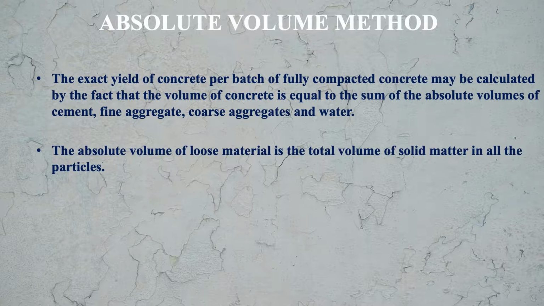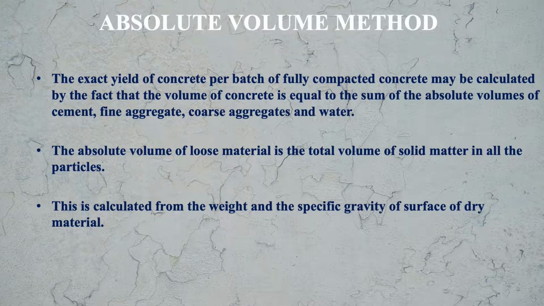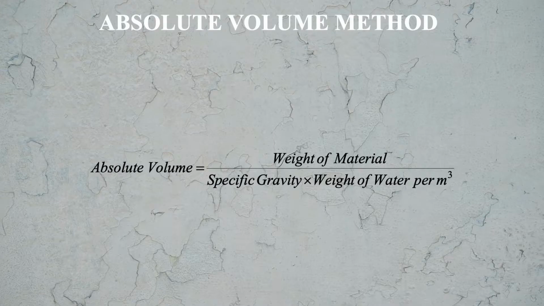The absolute volume of loose material is the total volume of solid matter in all the particles. This is calculated from the weight and the specific gravity of surface dry material. Now, absolute volume can be expressed as weight of material divided by specific gravity into the weight of water per cubic meter.